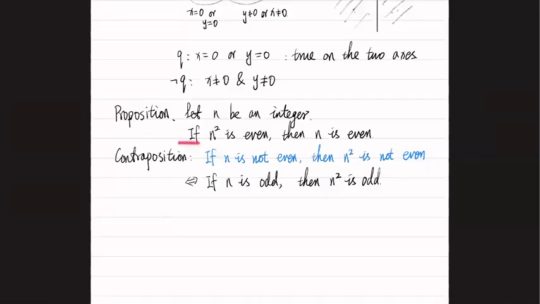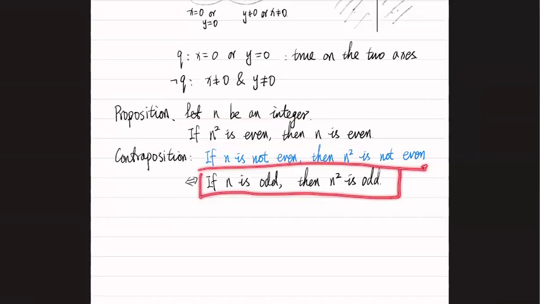To prove this proposition, it's not easy to prove it directly, but we can prove the contraposition. We can give a direct proof of the contraposition, and then this implies the initial proposition.